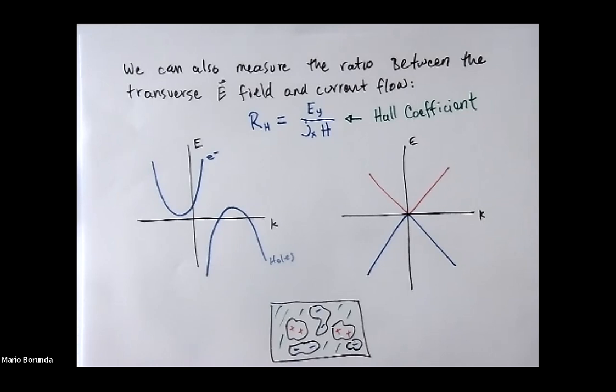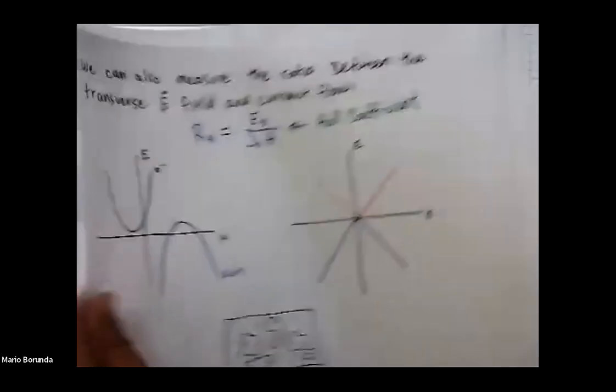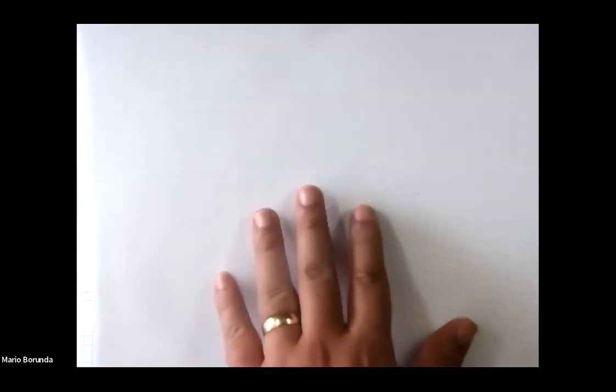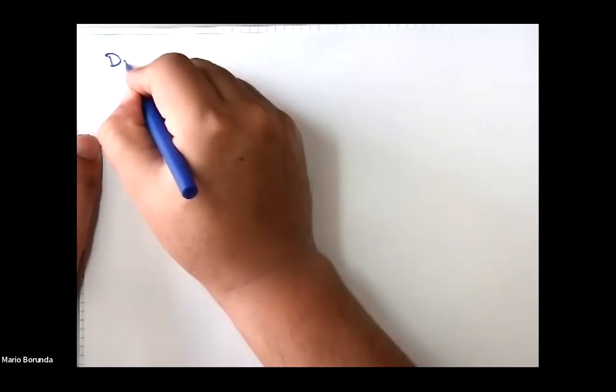The Drude model doesn't explain this. You need to use quantum mechanics to figure out what all of this is. So that's not completely helpful. But we can look at the Drude model for the Hall coefficient, so let's start with that.